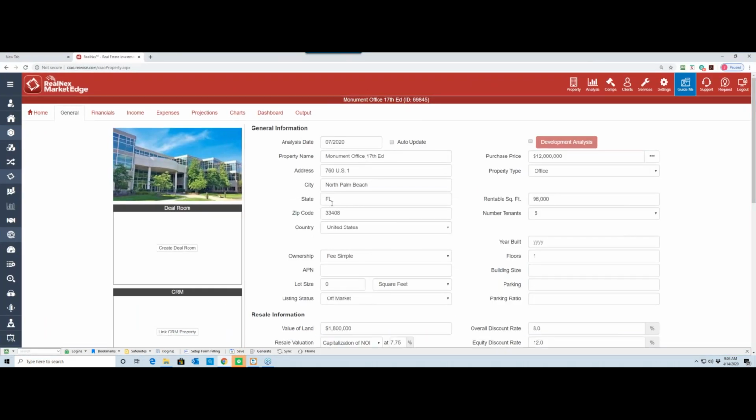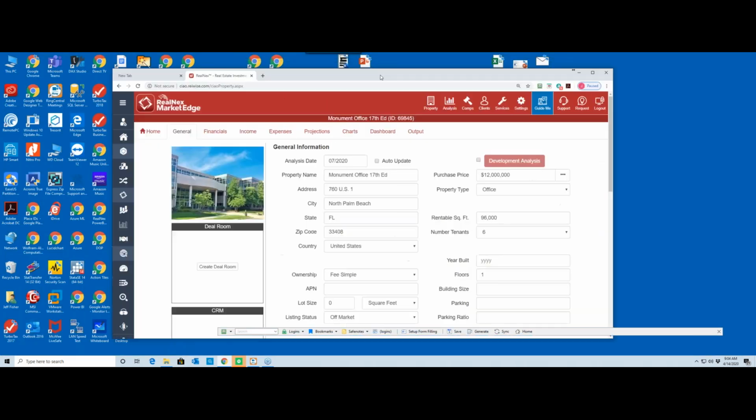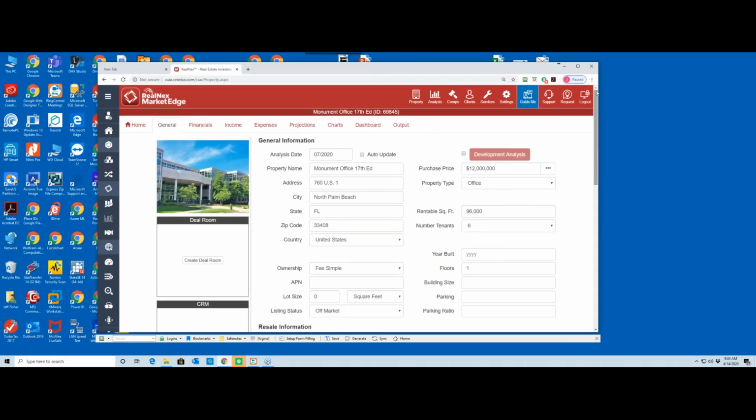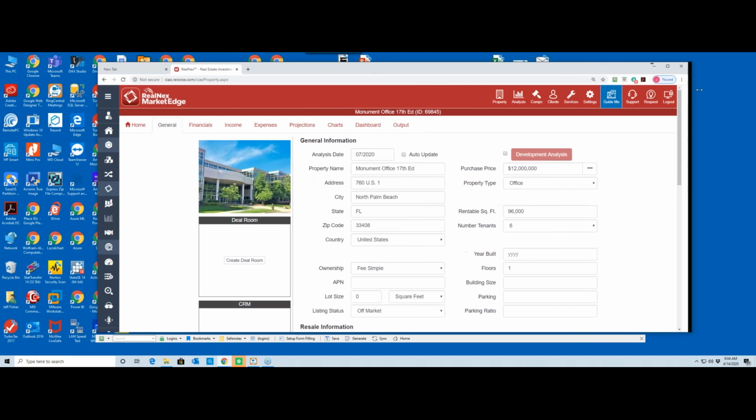In this case, I have an example of an office property. So I have some general descriptive information. Some of it's more for your reports than it would be that it would affect the actual analysis. But there are some key things on this particular one.